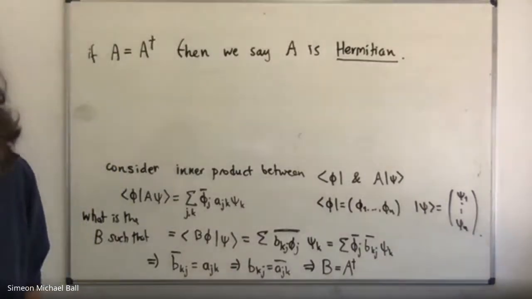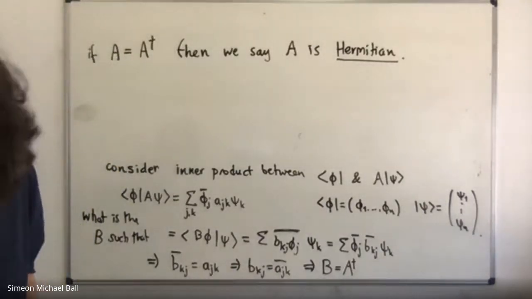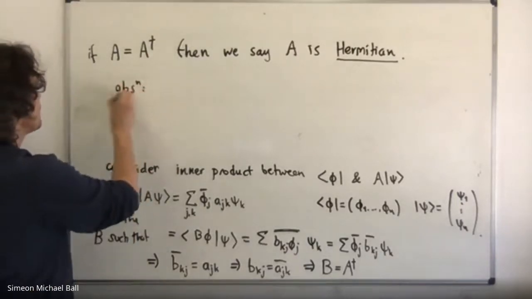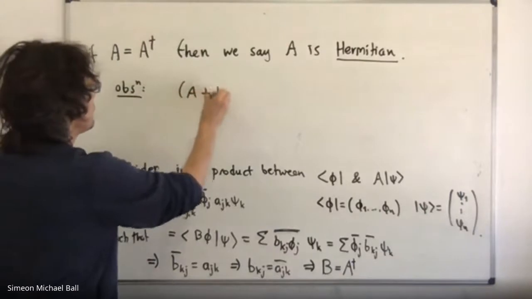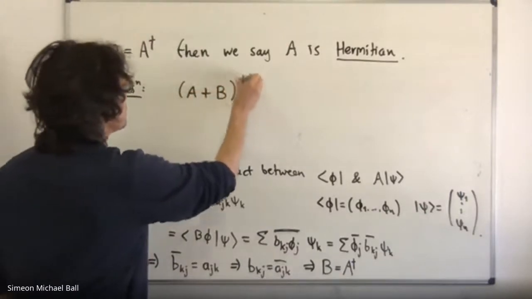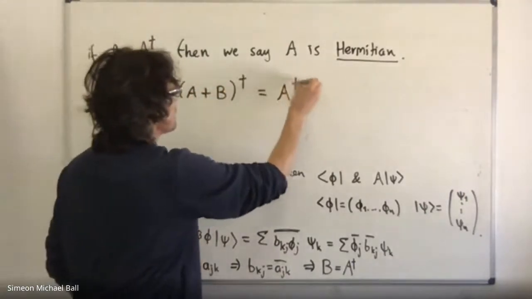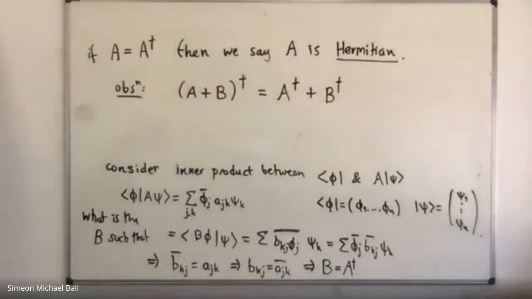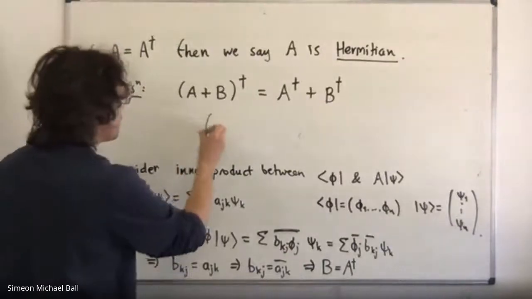Some very useful observations, especially the first one: if you sum two matrices and take the Hermitian, that's the same as summing the two Hermitians, and the product goes the other way around. Yeah, that's because of the transpose thing.